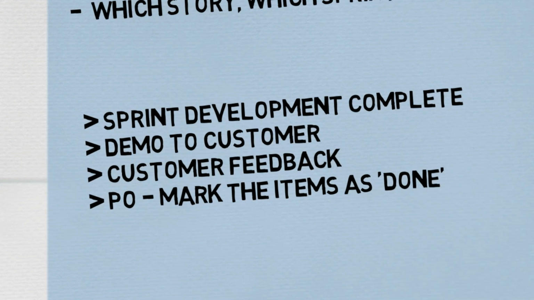Customer feedback is taken on what's good, what needs to be improved, what needs to be stopped, and what amendment has to be made or any new addition has to be done. Product owner identifies all the items which are done and can be shipped and deployed.